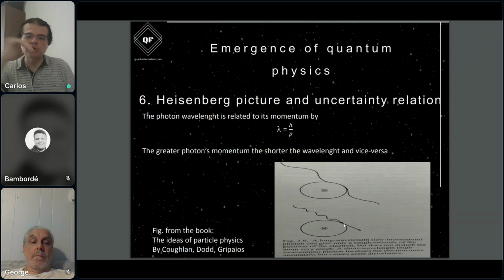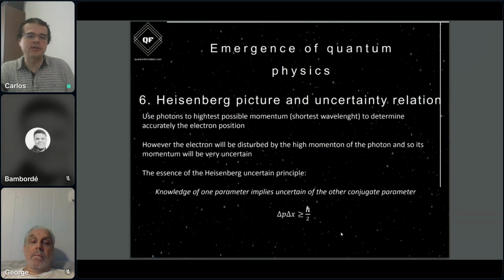But because I have a shorter wavelength, I disturb the electron. So I have better precision in its location, but I disturb it. And if I disturb it, I have a bigger momentum. Shorter wavelength, bigger momentum in this second case. Okay, so this is behind the Heisenberg ideas.